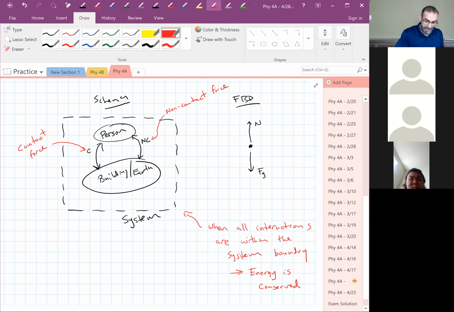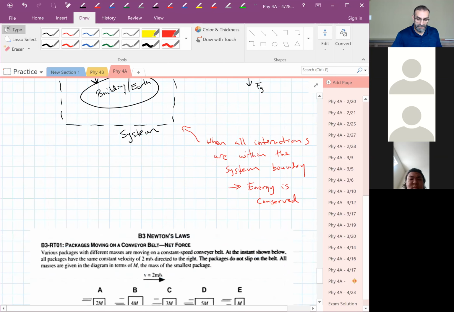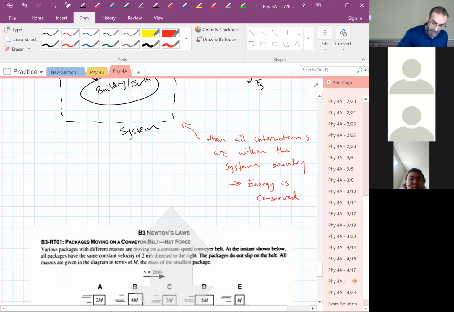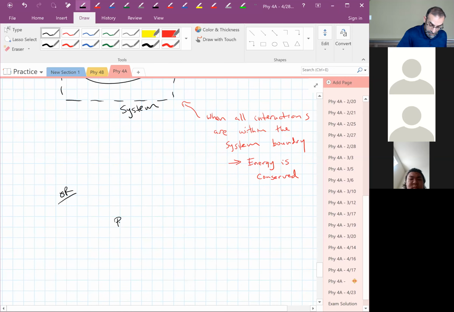Just so you would know, we could have defined our system boundary differently. I could have said person, earth, contact, non-contact, and drawn my system boundary here.